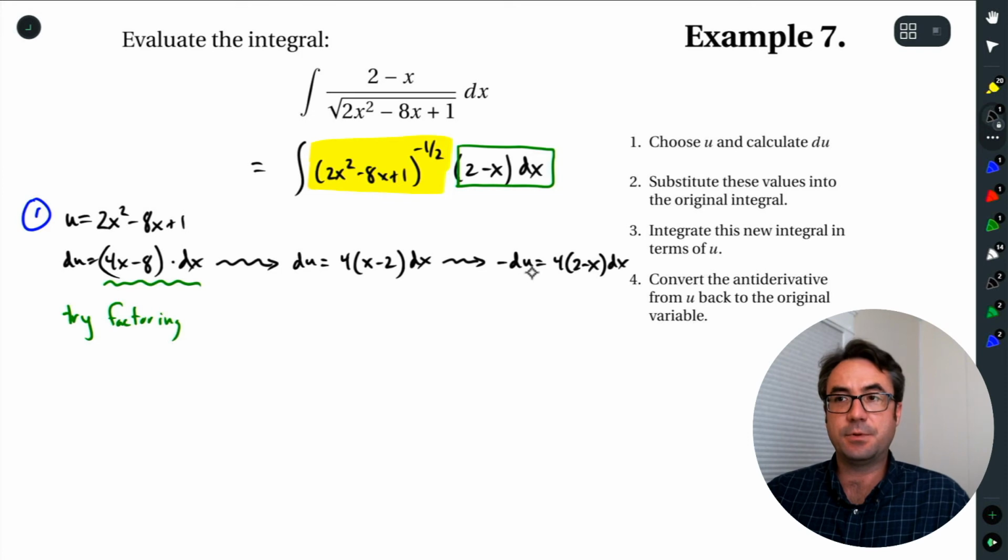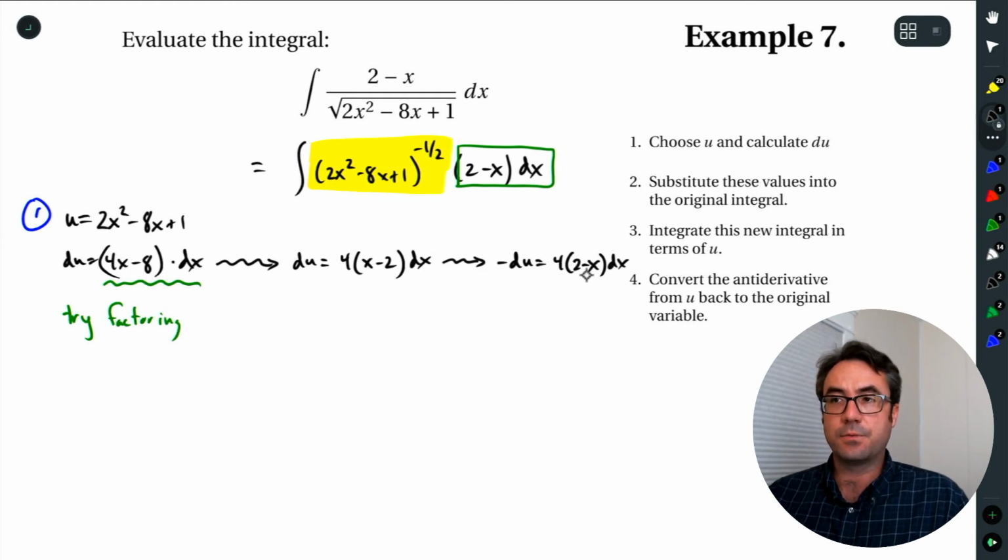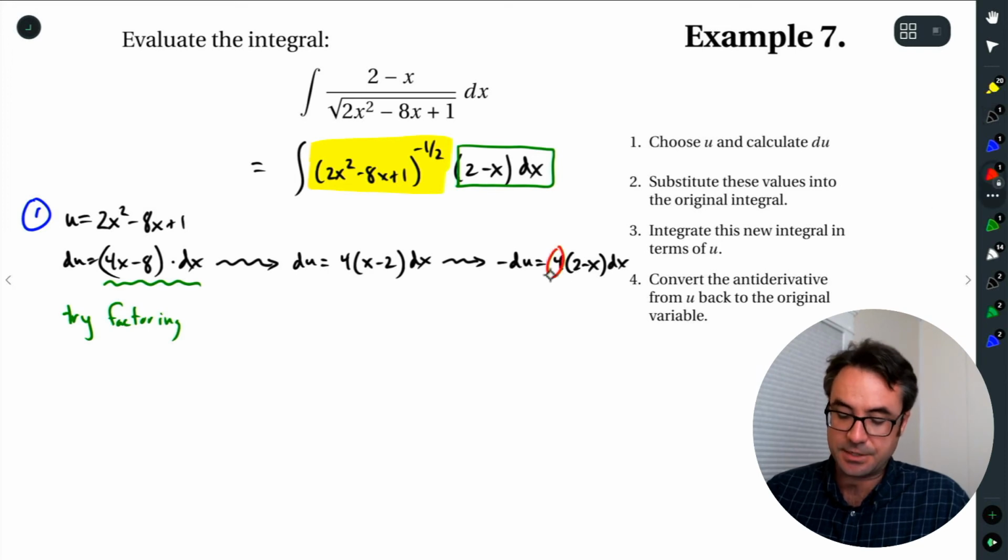I'm going to end up with negative du on the left. And then the -1, I would just distribute it into the parentheses here, and it just switches the order. So I'll have a 2 minus x instead. And now this is looking pretty good. The only thing is I have a 4 here, and I don't have a 4 up here. So this 4 is an extra constant.